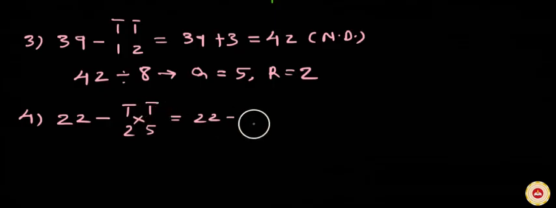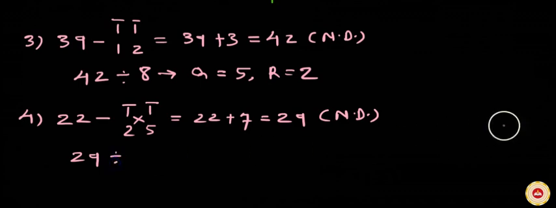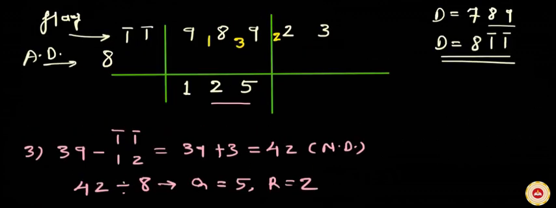Minus 5 minus 2 is minus 7. 22 minus minus 7, that means 22 plus 7, which is equal to 29. 29 is the net dividend and should be divided by the actual divisor 8.